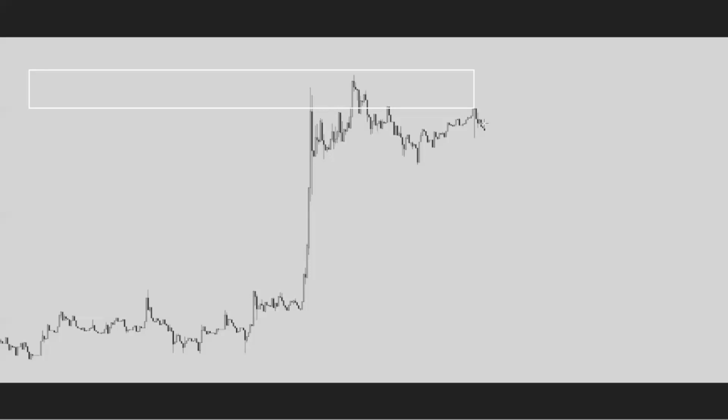So what you always have to be asking yourself is, where are these areas? Because you want to be taking trades at areas where there's more than likely to be resting liquidity and trading into thin or weak legs in price. Okay.